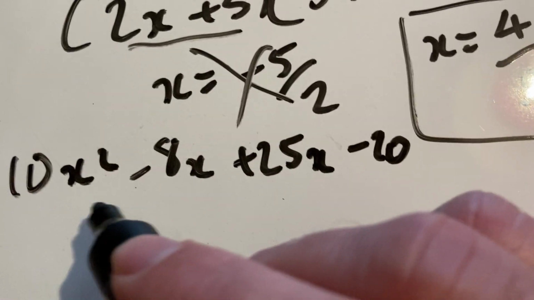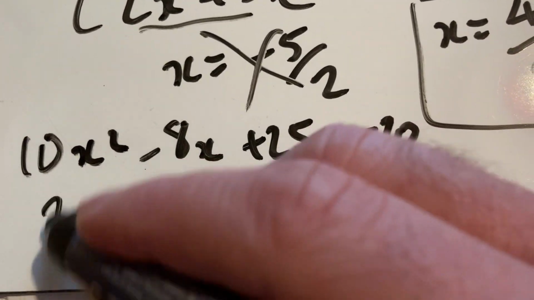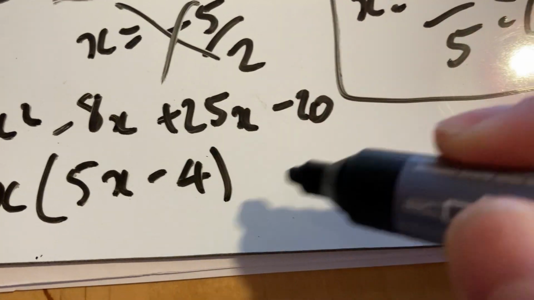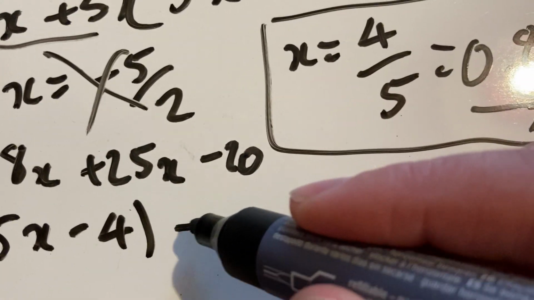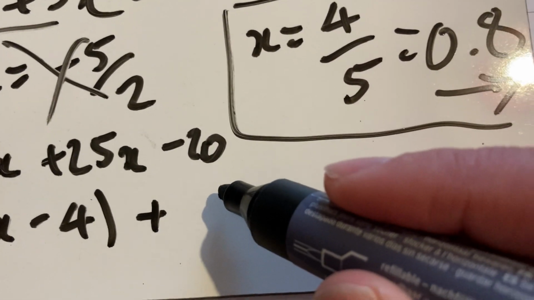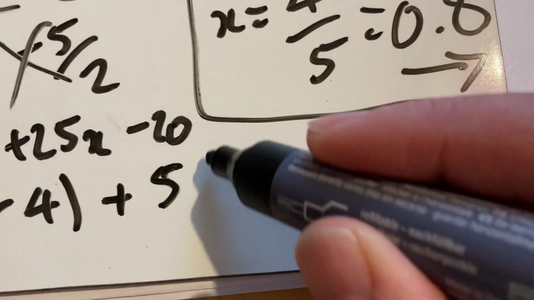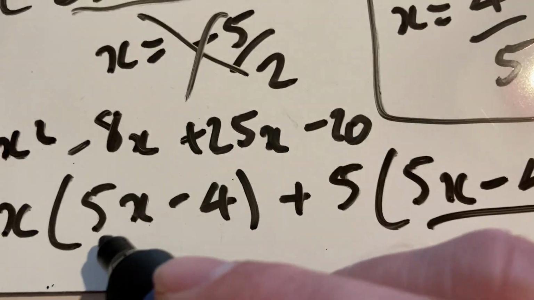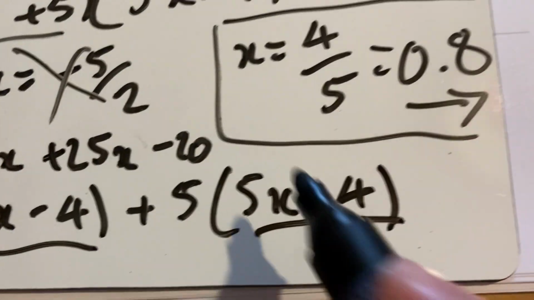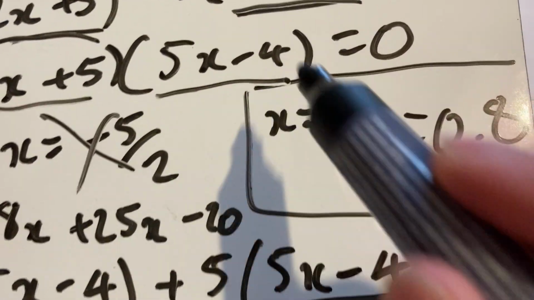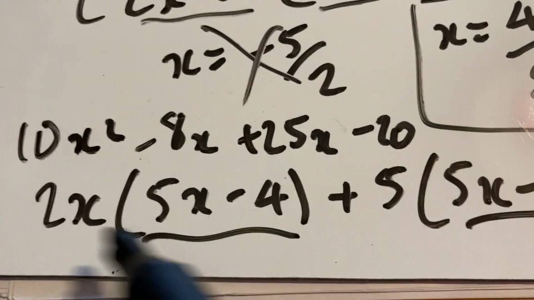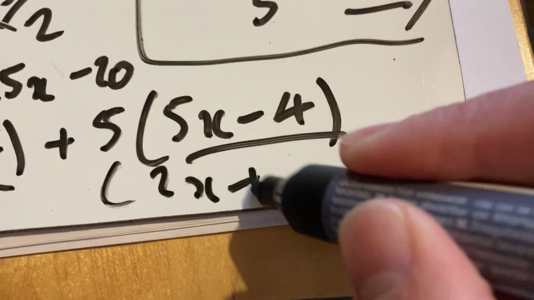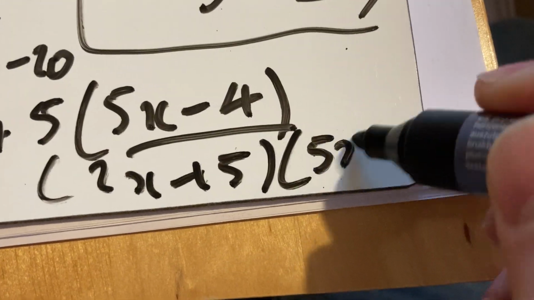If I do these two pairs here, I take out 2x with 5x minus 4. And over here, I'm going to have 5 with 5x minus 4. Again, I'm getting a repeated bracket, which will be the same as that one there, 5x minus 4 and 2x plus 5. I'm going to end up with the same thing of 2x plus 5 and 5x minus 4.